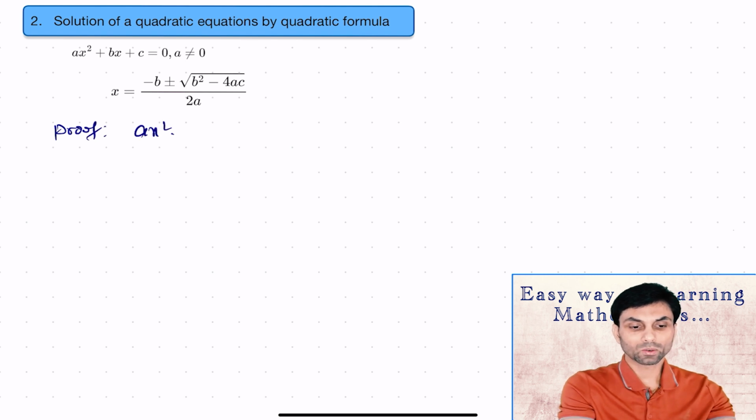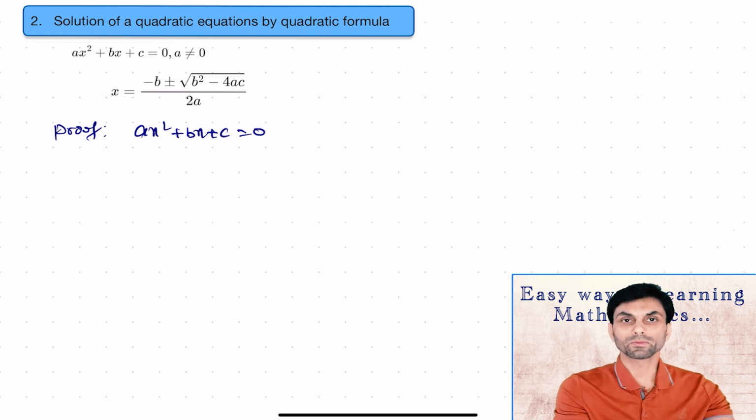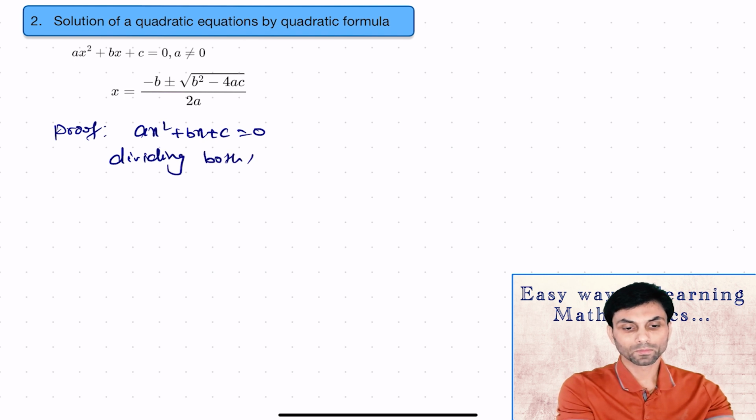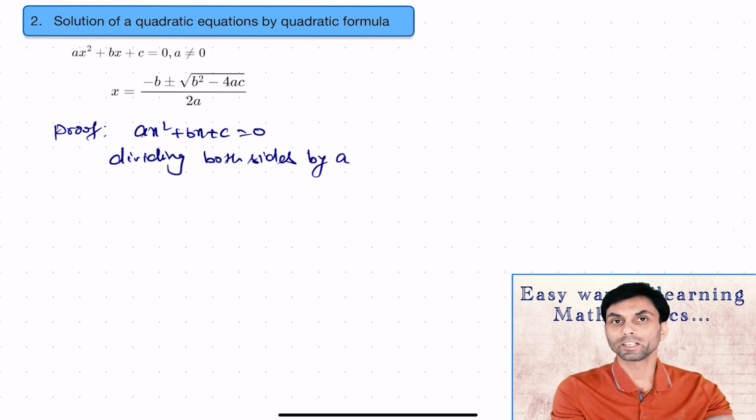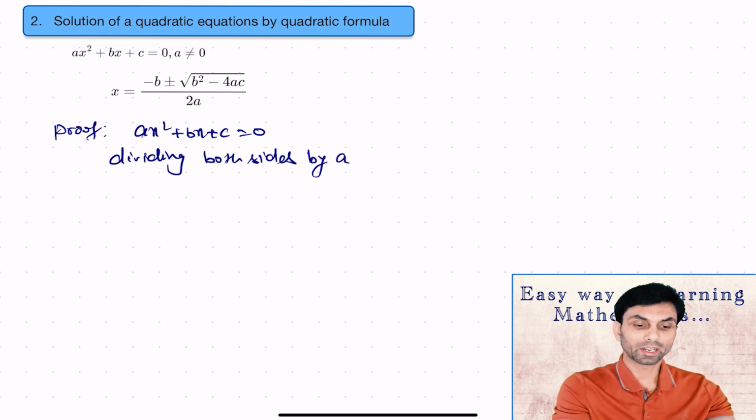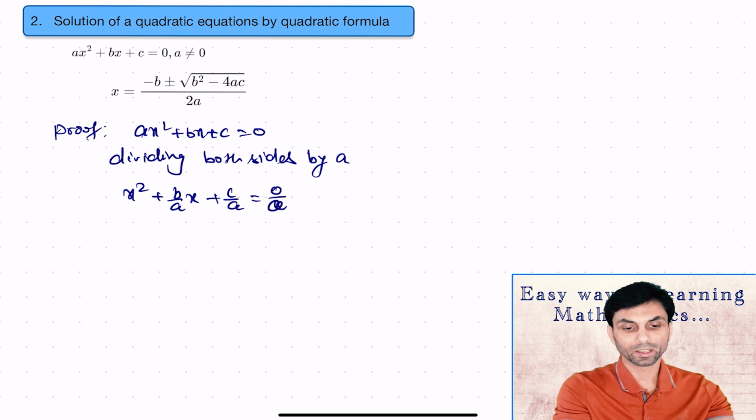We have ax square plus bx plus c equals to 0. What we'll do is we'll divide both sides by a, which is the coefficient of the leading term. We'll get x square plus b upon a x plus c upon a equals to 0 upon a, that will be equal to 0.